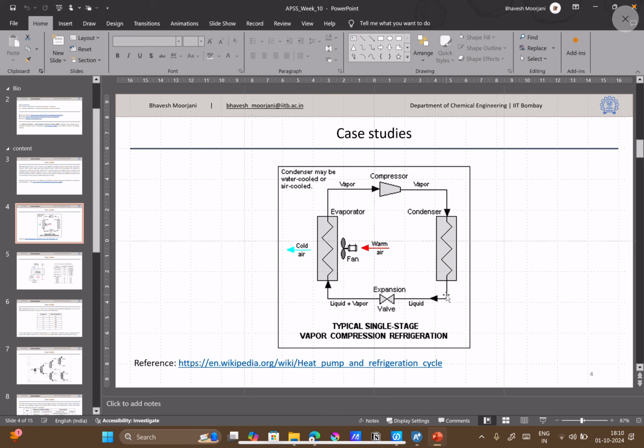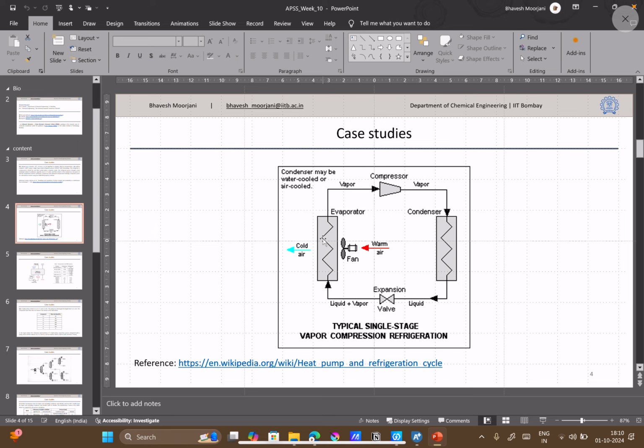Then this high pressure liquid is expanded via an expansion valve, and in the expansion valve, due to the Joule-Thomson effect, the temperature of the stream further goes down, and it becomes further subcooled. That subcooled liquid, or a mixture of liquid plus vapor, is used to cool down your desired stream.